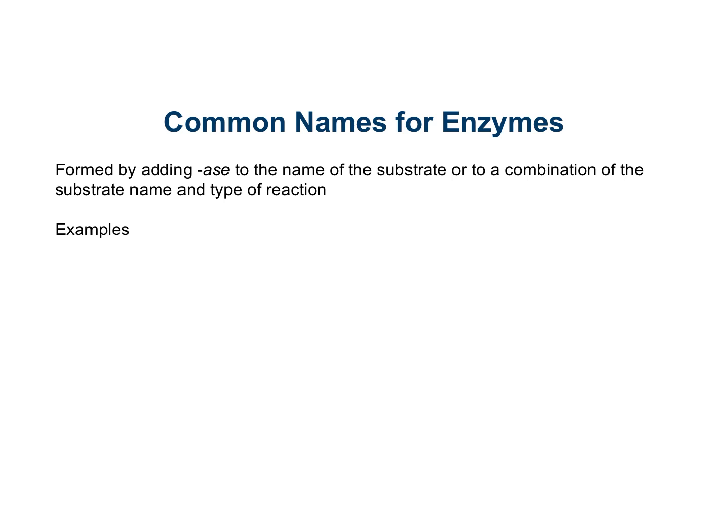So for example, on the previous slide, we talked about urea amido hydrolase as the EC name. Well, the common name there is just urea, which is the substrate, plus ASE. So it becomes urease, and that's it.